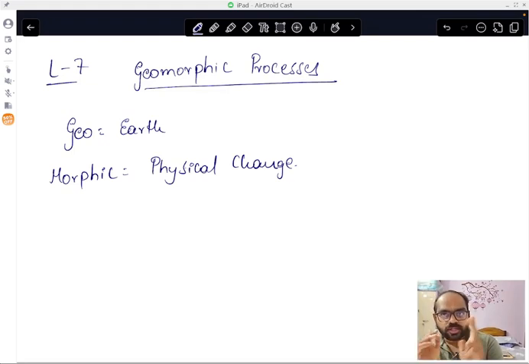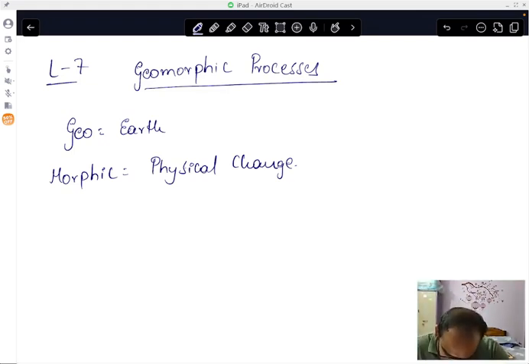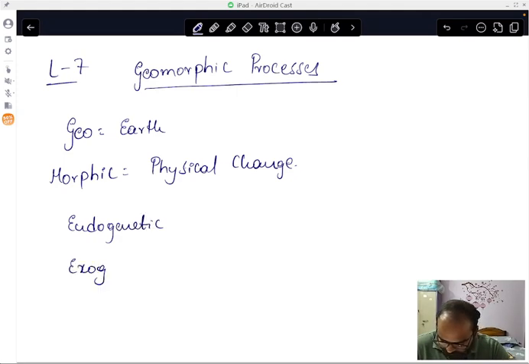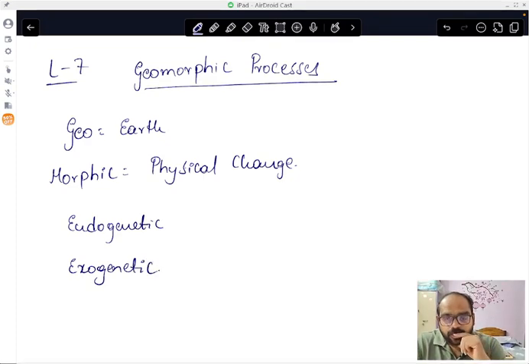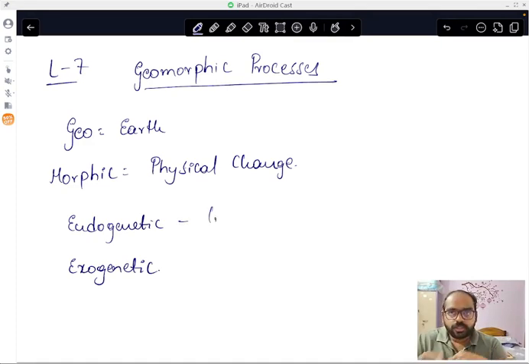These geomorphic processes are of two types: endogenetic and exogenetic. Endogenetic are those forces which operate inside of the earth. For example, the convection currents that happen inside of the earth are endogenetic forces which are responsible for the movement of the lithosphere.